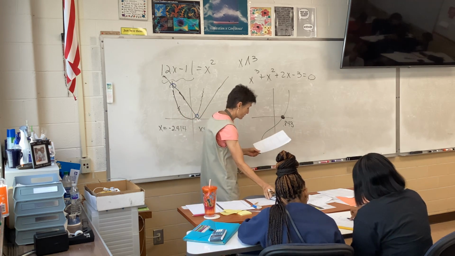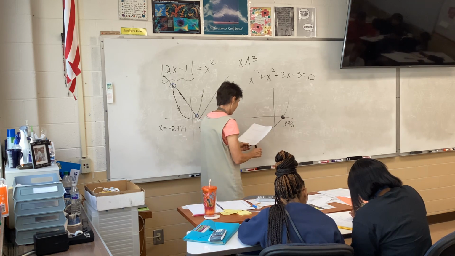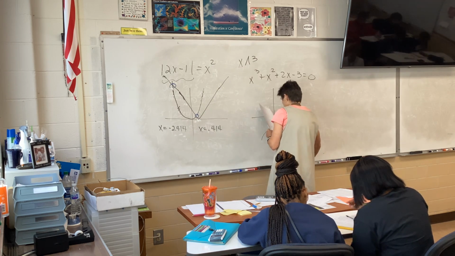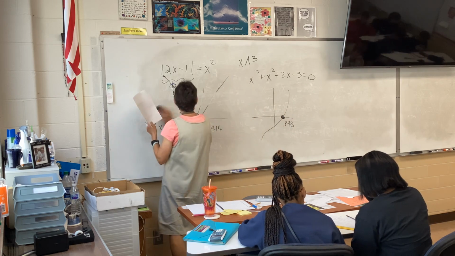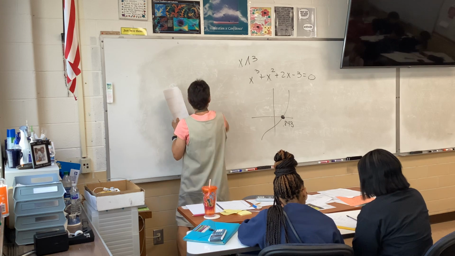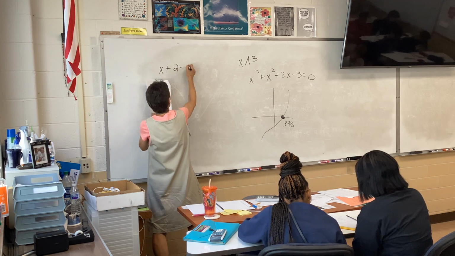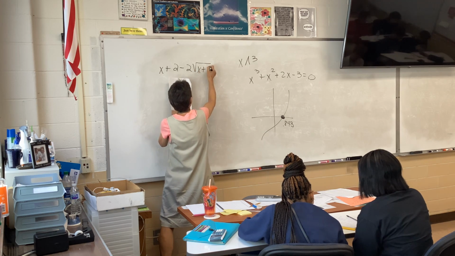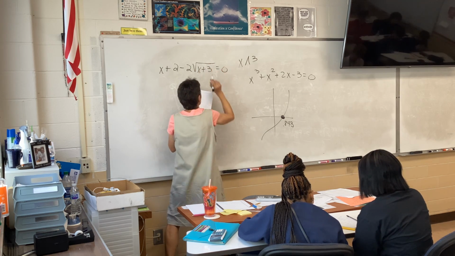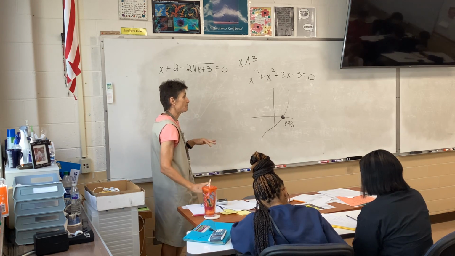Okay, let's go ahead quickly and do the next one. Actually, we've already done an absolute value. Let's go ahead and do problem D. It is completely up to you.